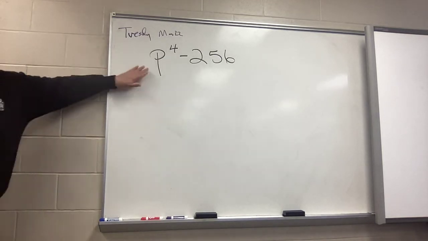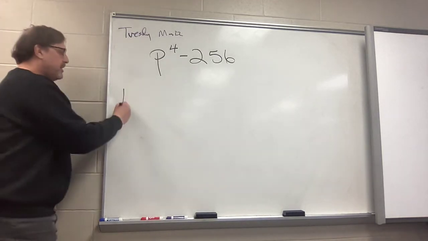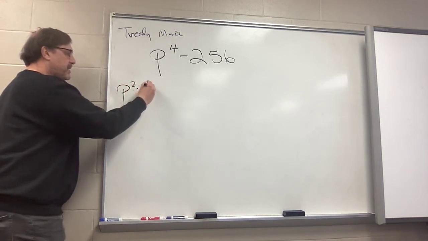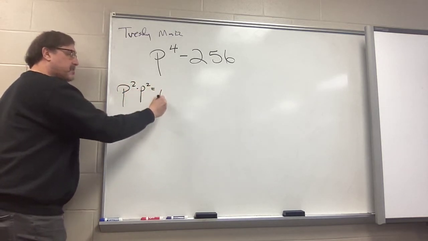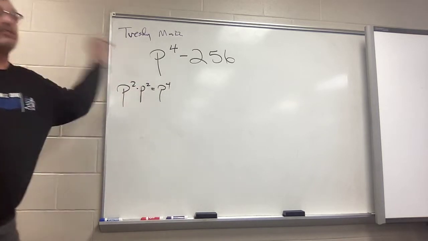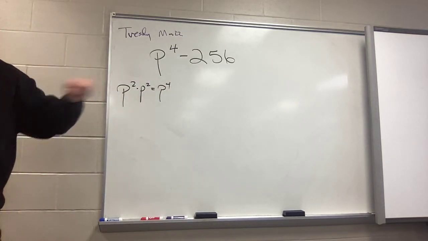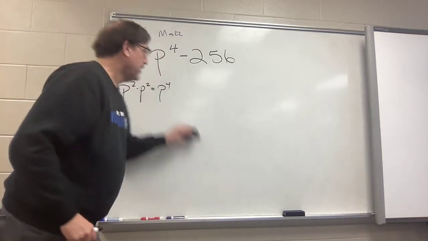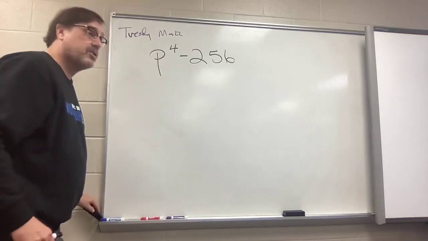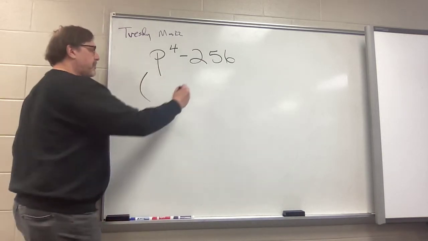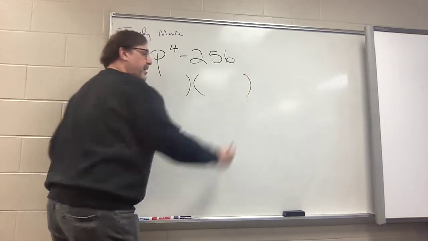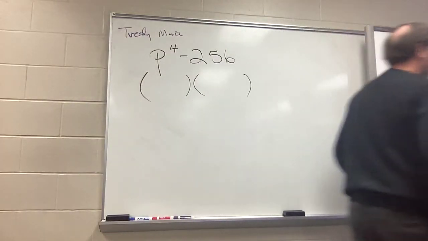And by the way, p to the fourth, let's look this way. P to the second times p to the second. Remember, you add the exponents, is p to the fourth. So is p to the fourth a square? Yes, p to the second times p to the second. So we've got square minus square, which we should be able to write something down. Will you write down what that is?